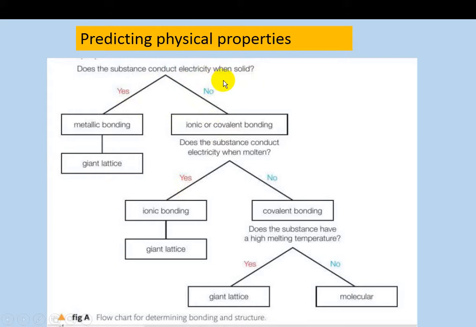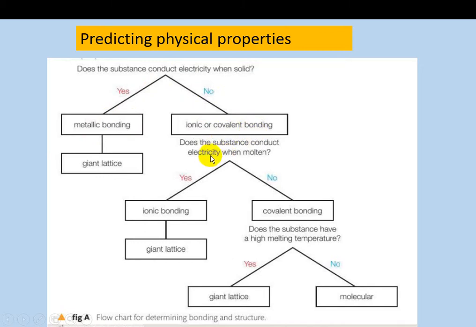If it conducts electricity in the solid state, it will be metallic bonding. Like if you take iron, steel, an aluminum pot, in the solid state it conducts electricity, so metallic bonding is present. If no, it will be either ionic or covalent bonding.